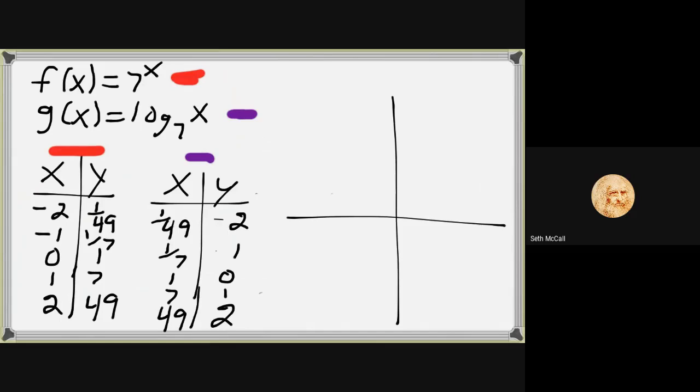And so graphing this, we're going to start with the exponential, and I'll do this in red so it matches. Before I do that, we're going to be at -2. Obviously, I'm not going to go up to 49.